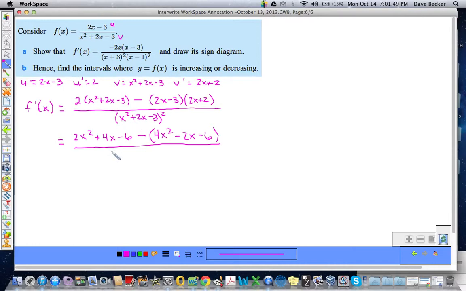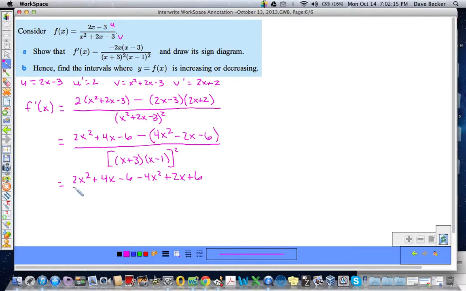Well, let's factor this. That will indeed factor into x plus 3 times x minus 1, the whole thing still squared.